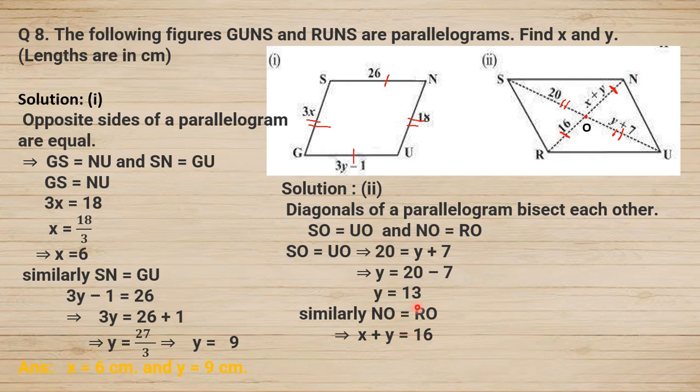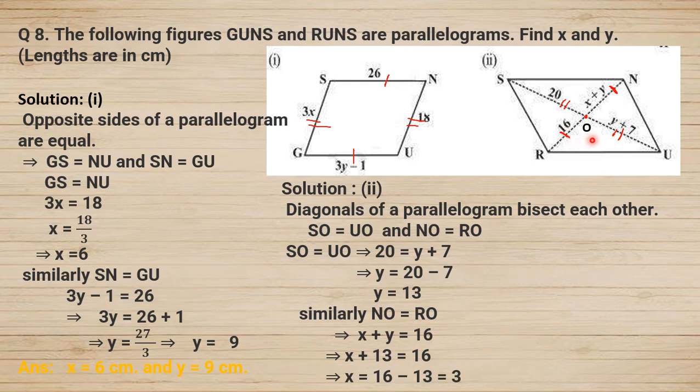Now put the value of y, as we have found it out, 13. So 13 plus x is 16, the value of y being 13. So by transposing this 13 to the right hand side it becomes 16 minus 13. So x is 3.